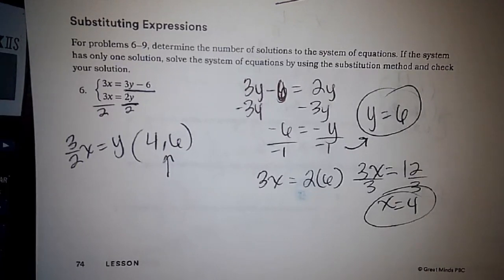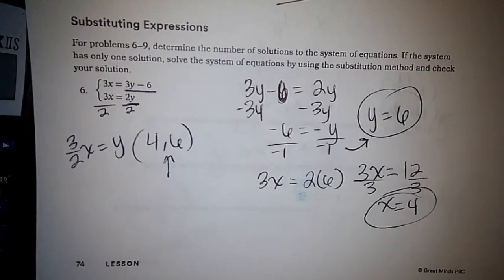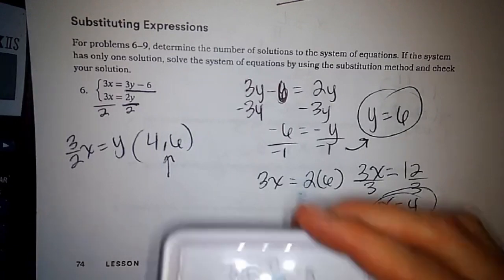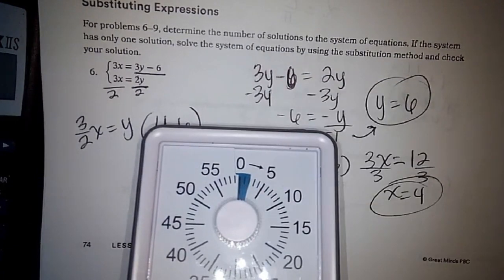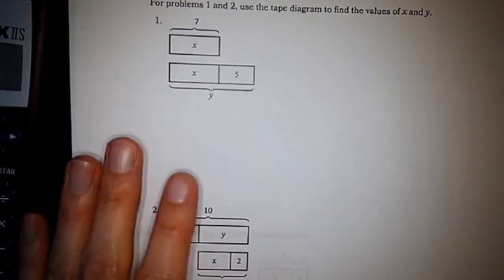I want you to go ahead and solve number 1 and 2 really quickly. I'm going to give you about 2 minutes. 1 and 2. Just look at it. Y'all might be able to figure it out. 1 and 2. What did you find for number 1? What did y'all figure out the value of x was? X equals 7.